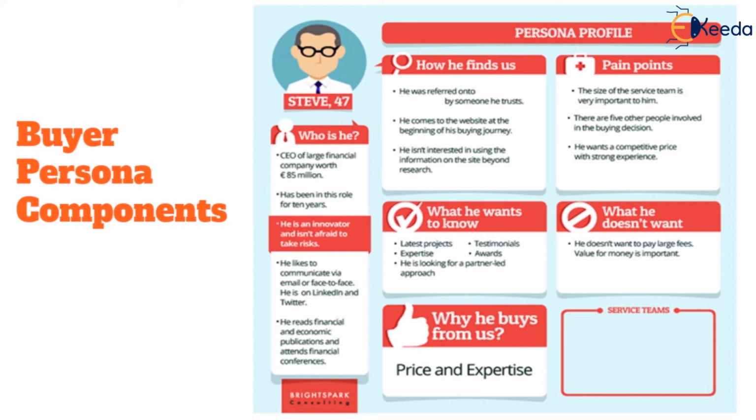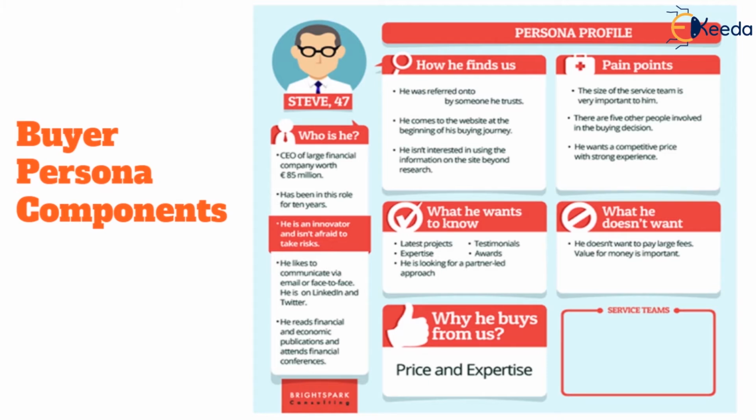So what you need to identify here is that Steve and hundreds of thousands of customers like Steve who match this particular profile, how do they come to know about you? Because knowing this would mean there could be some gaps in your brand awareness campaign and how you can fill them with your content campaigns.